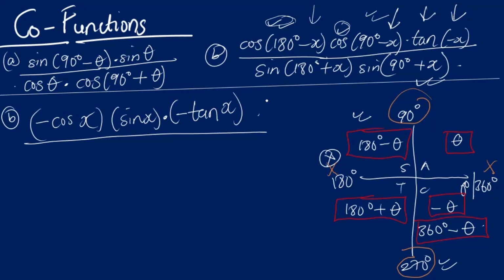Is this a cofunction or a reduction procedure that we need to do? We are reducing here because we are on the 180-degree level. So now, which quadrant is this? This is the third quadrant, and sine is definitely not positive there. So I have negative sine of what? Of this angle in question, the negative sine of x.